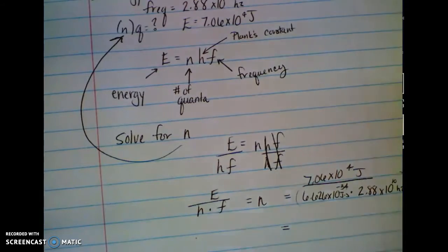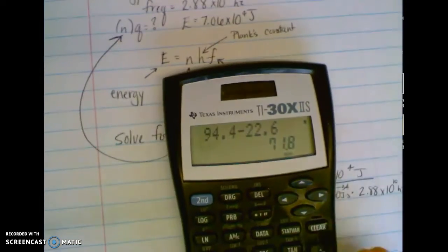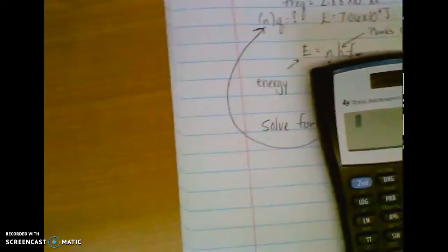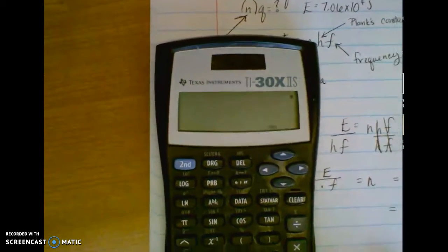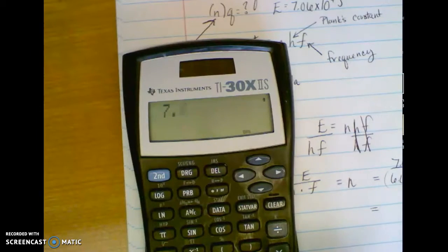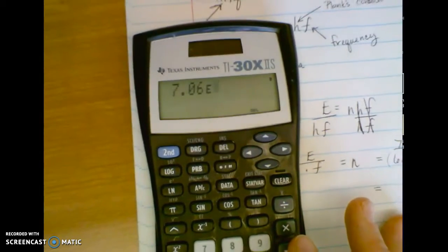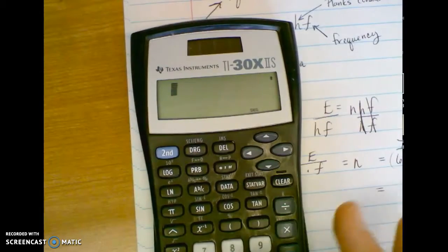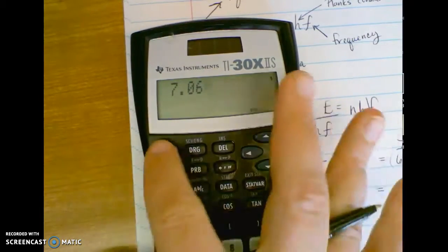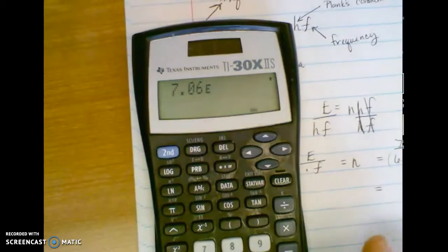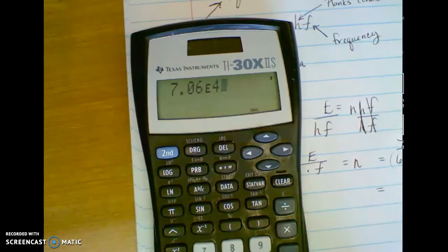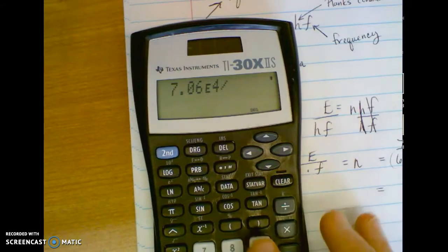So I'm going to actually enter this on my calculator just to show you how we do this. So if we have 7.06, I'm going to push the second EE button. I'm going to do that again just so you see that 7.06 blue button, and then that EE means times 10 to the, and that's all you have to do.